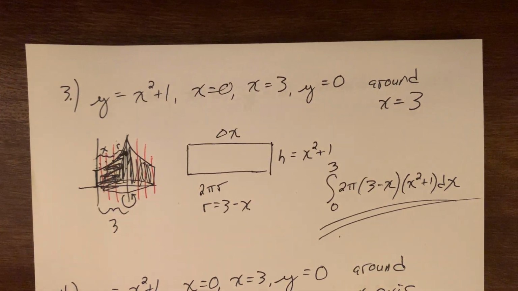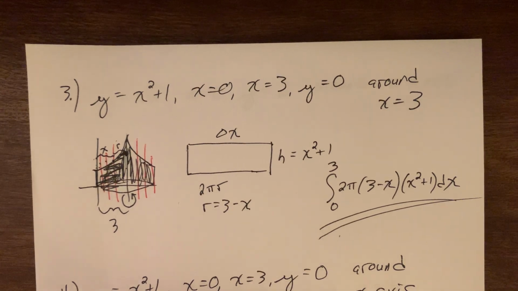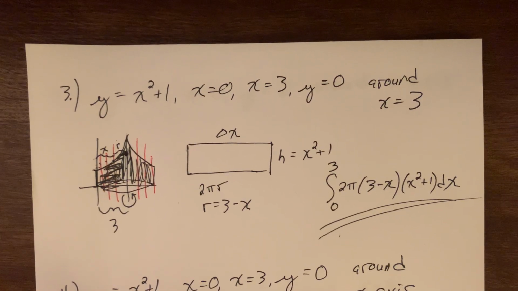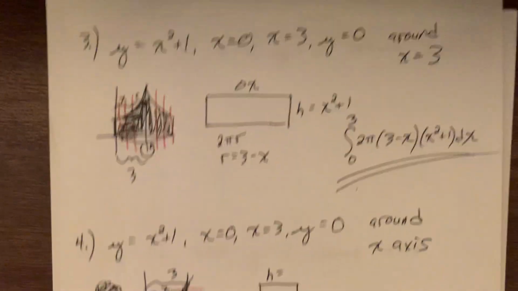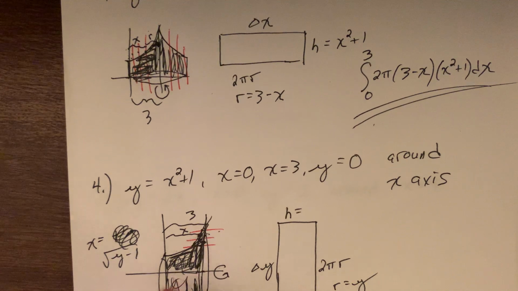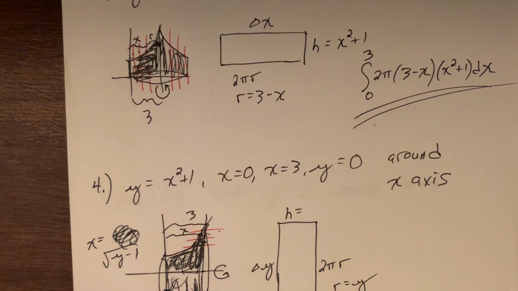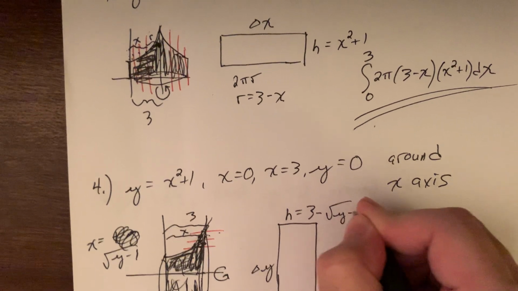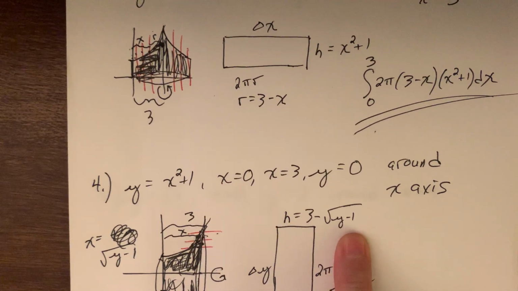But now look at all this extra work. So I have to solve this for x in terms of y. Subtract 1, take the square root. We'll get x is equal to the square root of y minus 1. Technically, I get plus or minus, but this is the positive part, this is the negative. So I would have 3 minus that quantity.